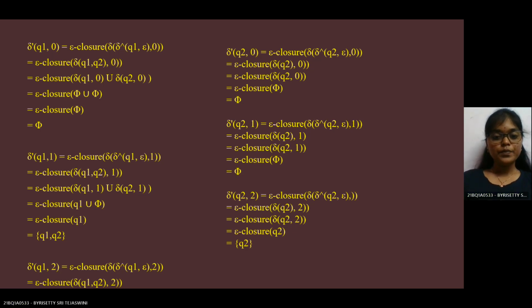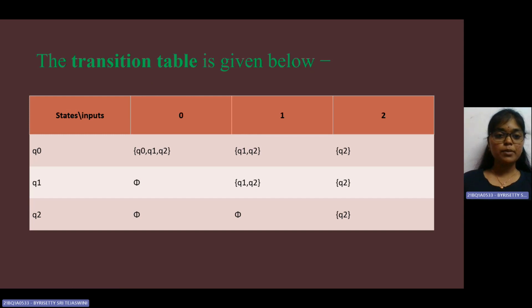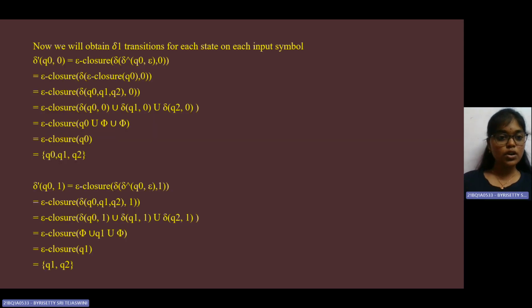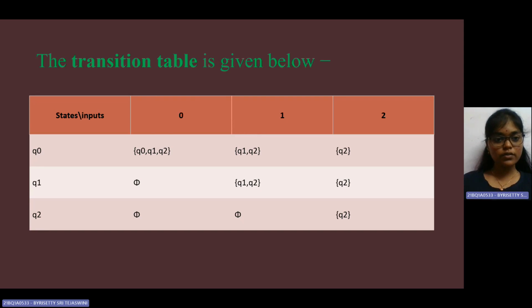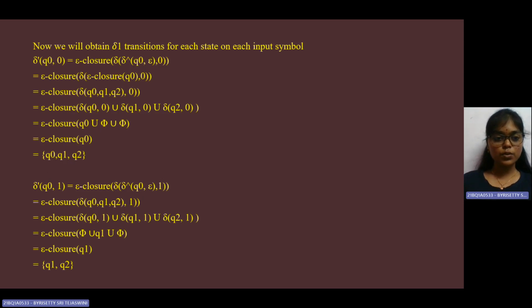Now the transition table. Before, we got for q0 comma 0: q0, q1, q2. So q0 for 0 input gives q0, q1, q2. Okay. Next, for q0 and 1, we got q1, q2.